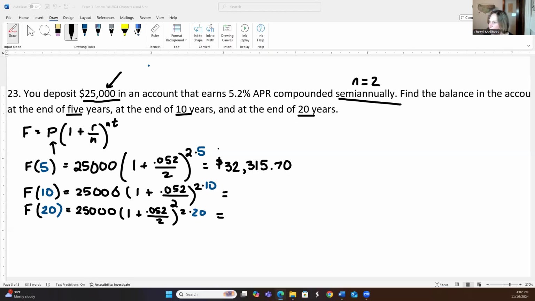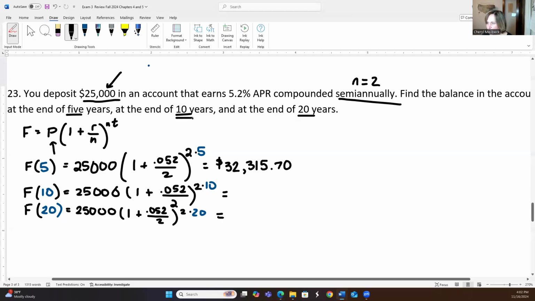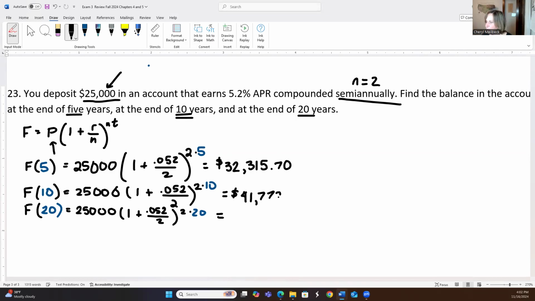So we write that here, $32,315.70. Then if it wants how much you would have at the end of 10 years, you're simply going to plug 10 into your function for the years. Everything else stays the same. And when you do that, you get $41,772.19, because you round to the nearest cent.